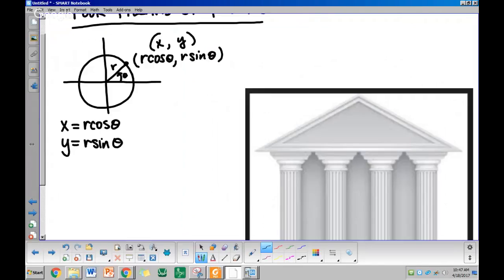Now, what does r equal in terms of x and y? Well, you have to go over this far and this far, so it would be x and y. r equals the square root of x squared plus y squared.